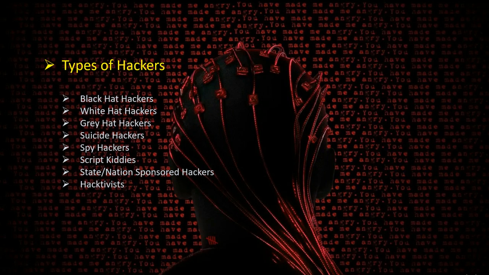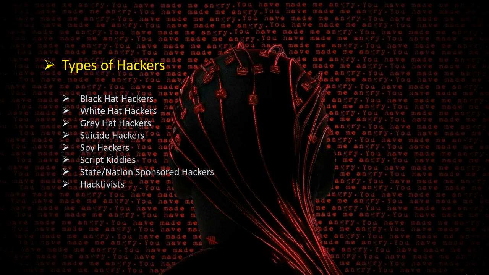If you look at a brief description of the different types, a black hat hacker is typically engaged in cybercrime operations and illegal activities, always violating the laws and going against ethical standards.